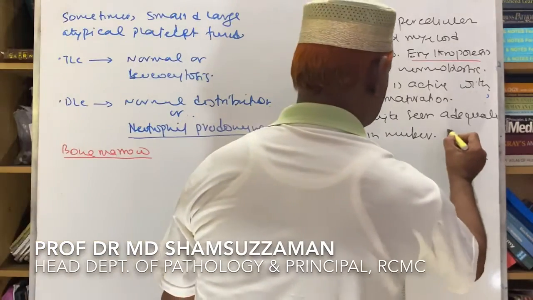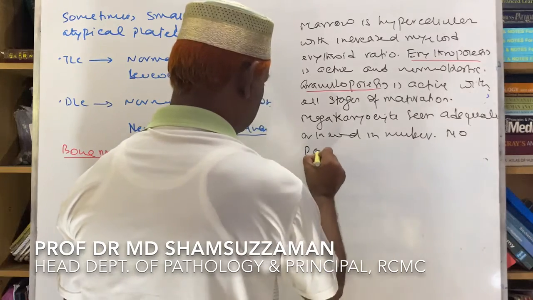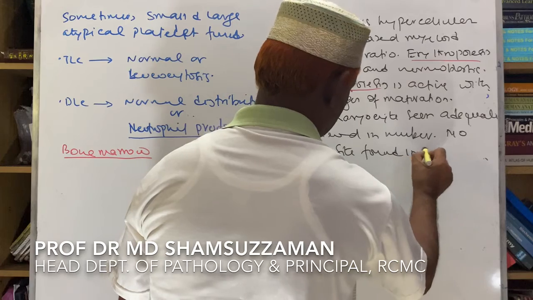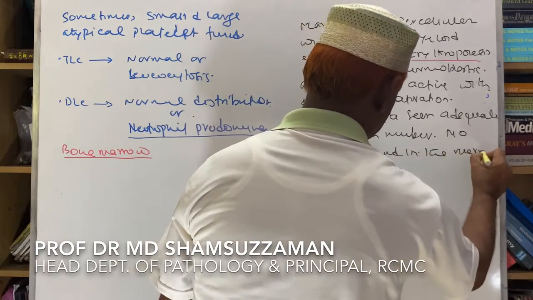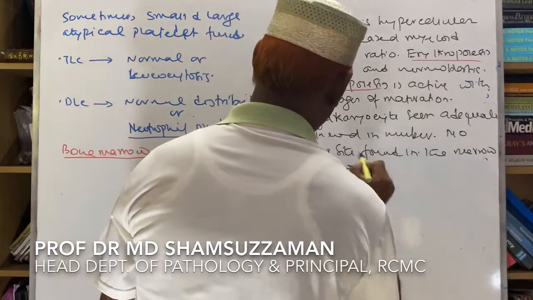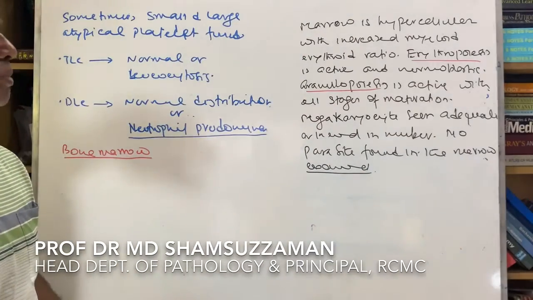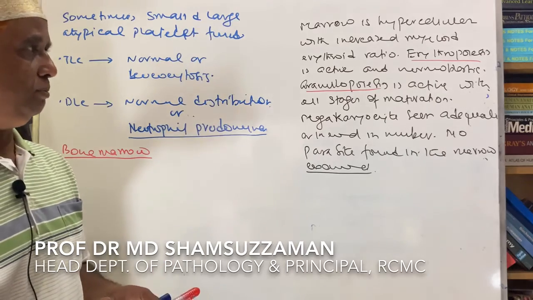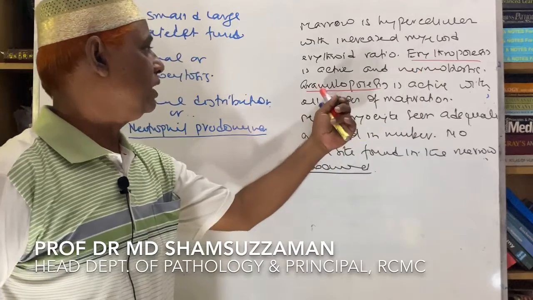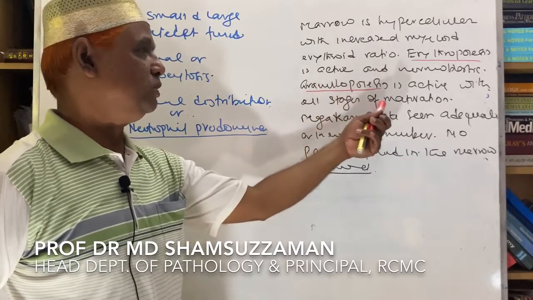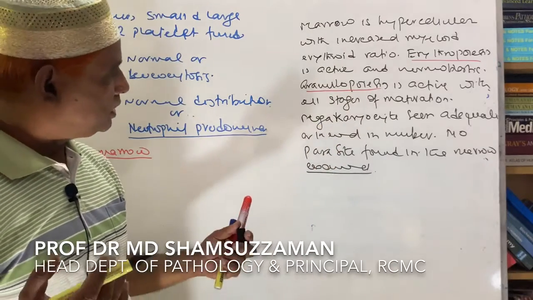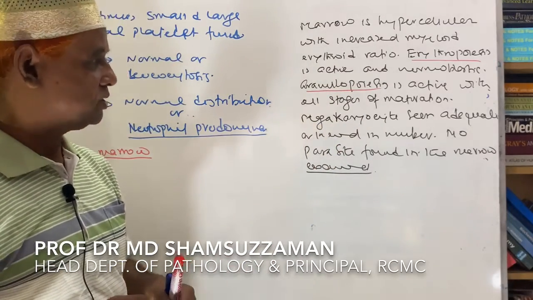No parasite found in the marrow examined. It is not a disease of RBC, not a disease of WBC, so erythropoiesis is active and normoblastic, and granulopoiesis is active with all stages of maturation. But there is a normal, adequate or increased number of megakaryocytes in bone marrow.